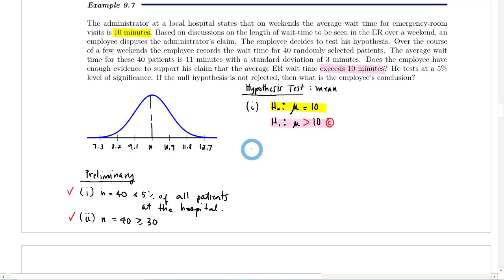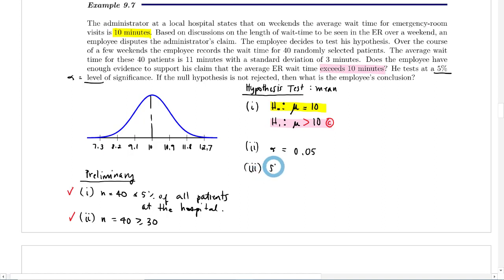The second part is going to be identifying the alpha, right? So the alpha is given to us as 0.05, or in other words, a 5% level of significance. The third part is now going to determine, is it statistically significant, right?